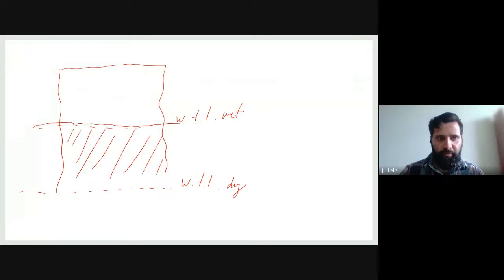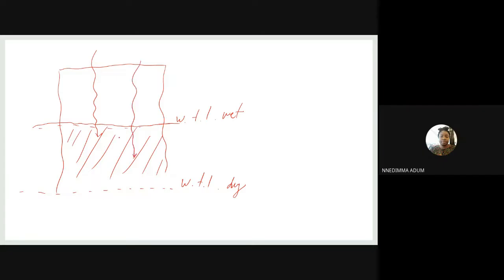So we have some times that all the voids are fulfilled by water, and we have some seasons that we have oxygen penetrating inside the soil.